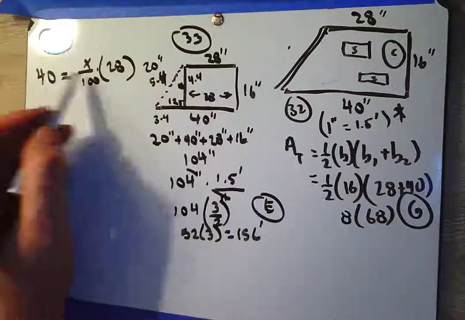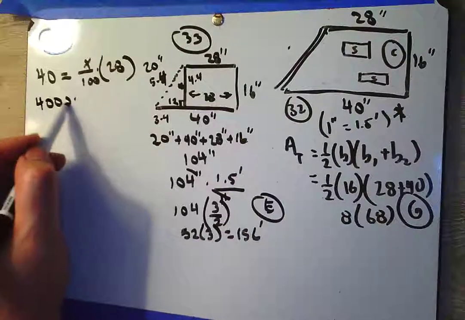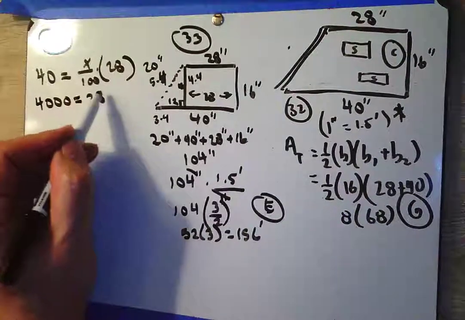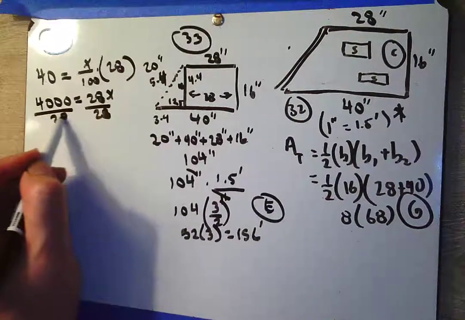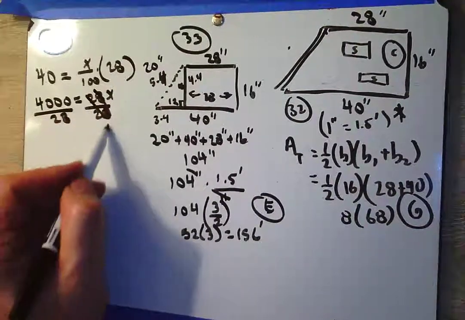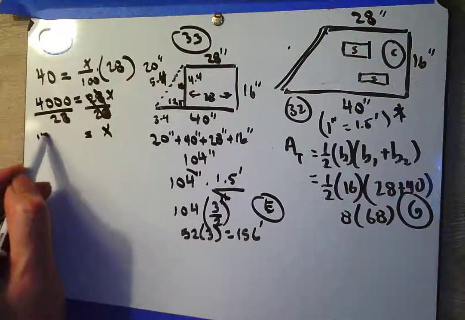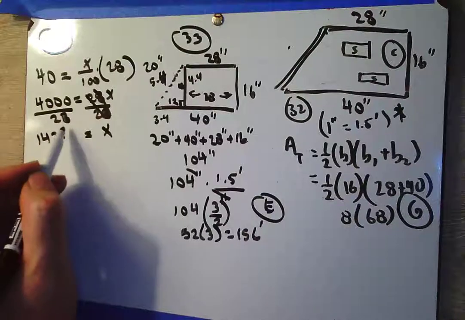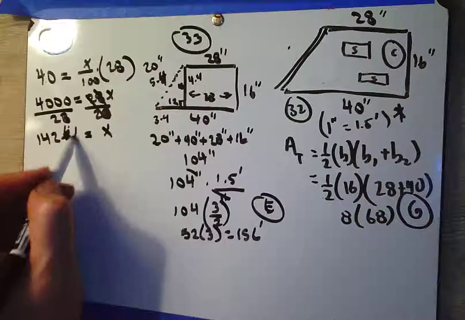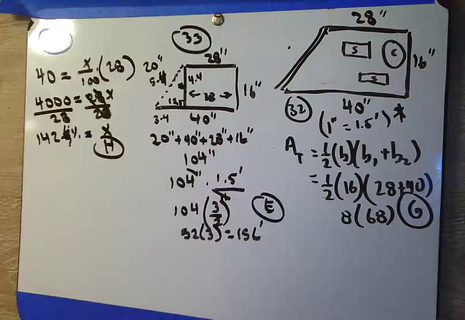Okay, so if I multiply both sides by 100, I get 4,000 equals 28x. And if I divide both sides by 28, I get that x equals 142 point, I forget what, but it's 6/7%. And that's choice H for 34.